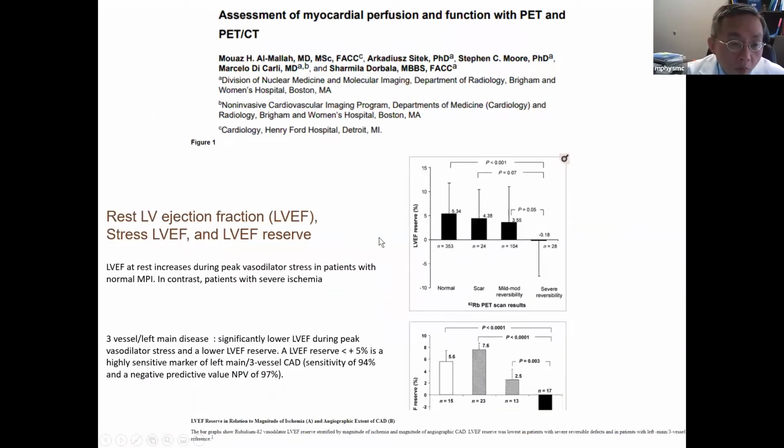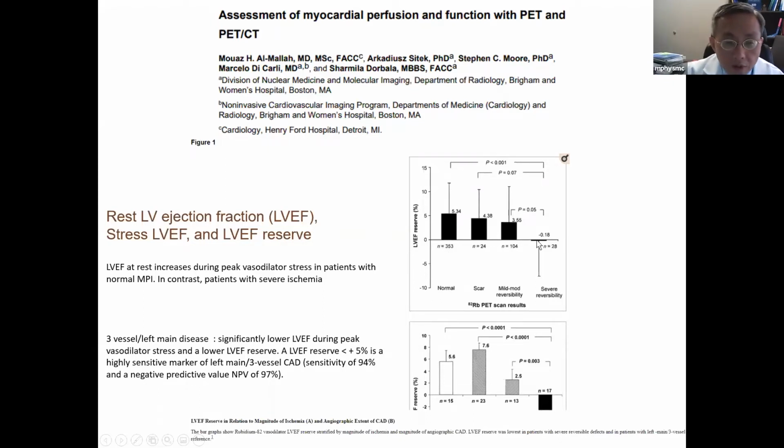This is a very important concept, especially now that we have PET. Dr. Malahfji published this paper when he was in Boston, and you can see that ejection fraction should increase with vasodilator in the PET study, and if there's no increase, the term coined is LVEF reserve.